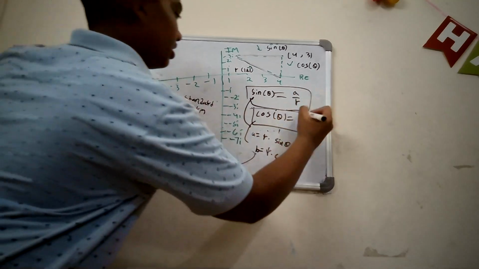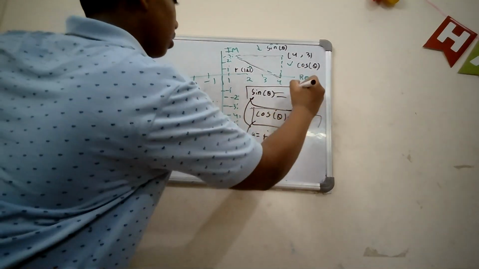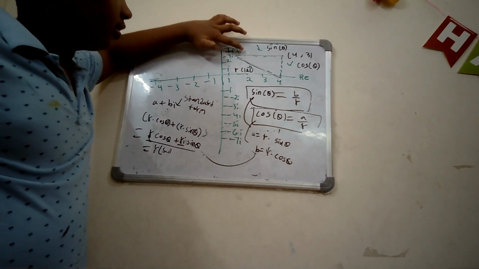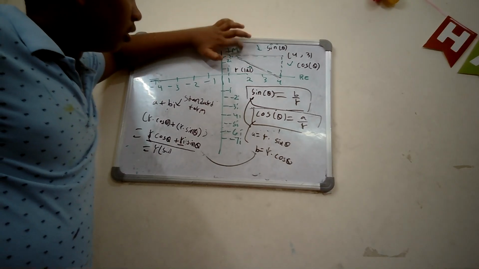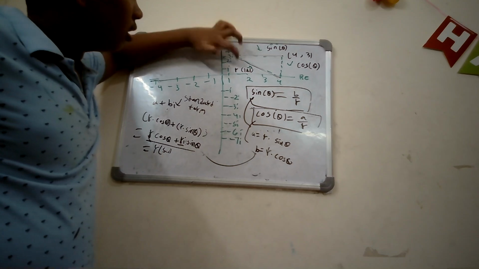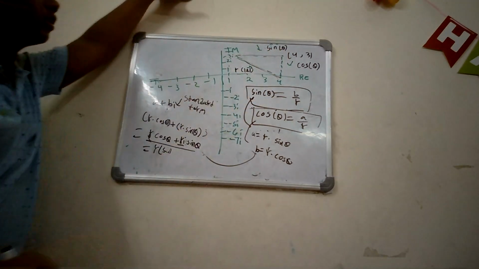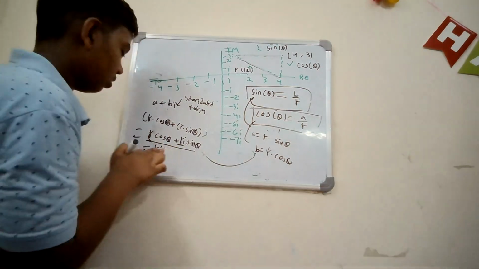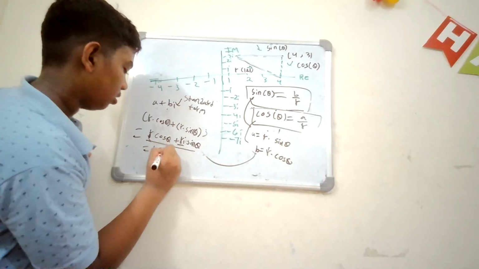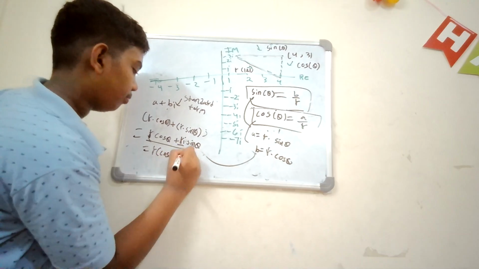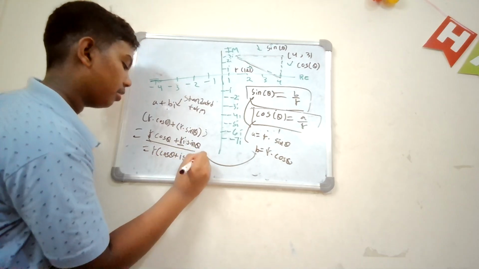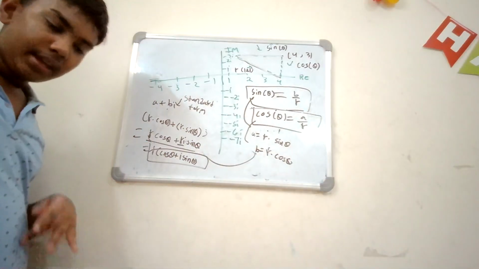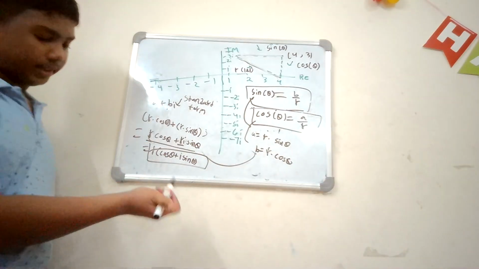This should be A and this should be B, because sine is right here, so it will be the opposite over this. So now this would be R into cos theta plus i sine theta. Now look, this works for any quadrant, and now we have successfully proved the polar form.